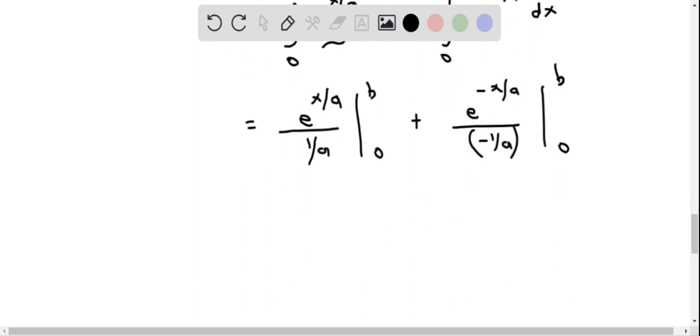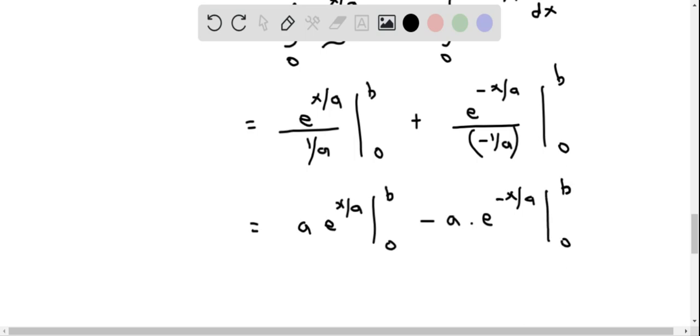So let's first simplify and then apply the limit. This becomes a times e raised to the power of x by a from 0 to b, and this becomes negative a e raised to the power of negative x by a. Apply the limit from 0 to b.